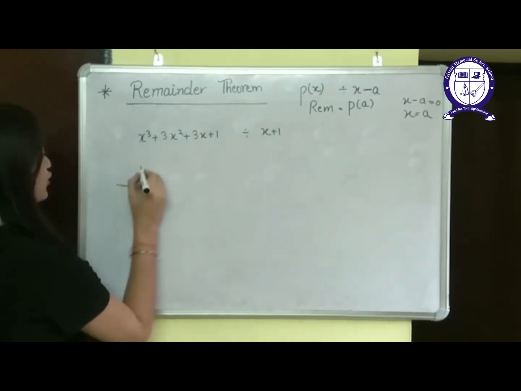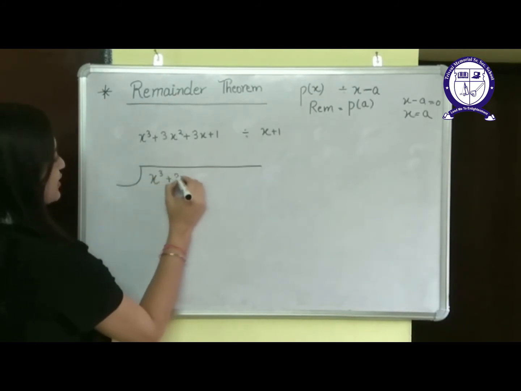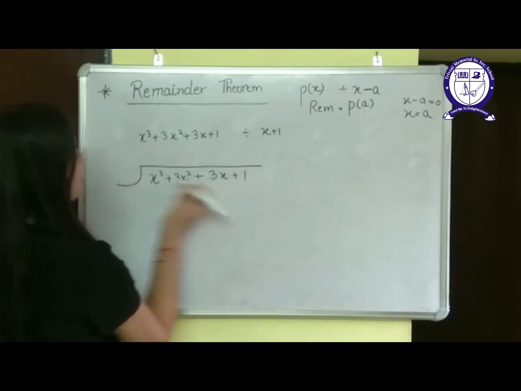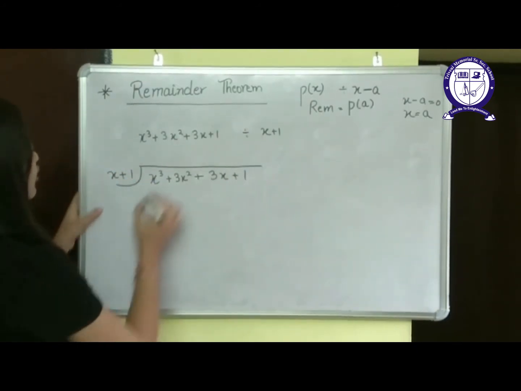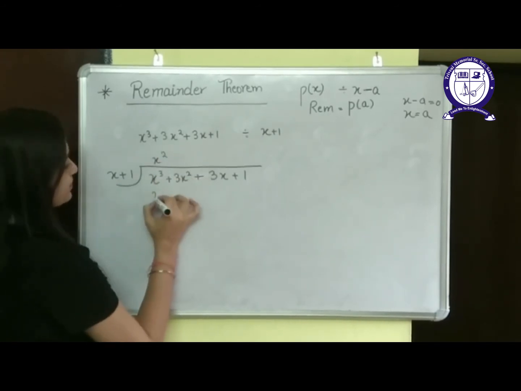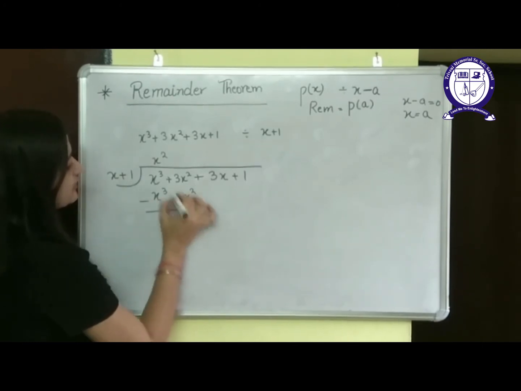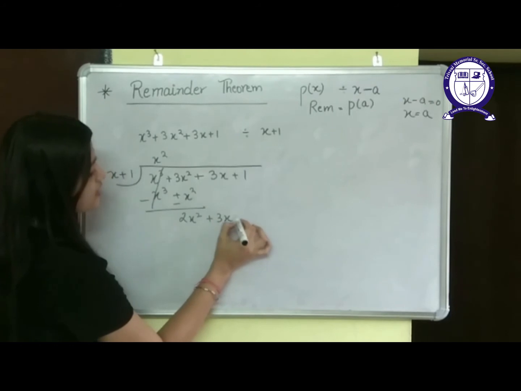So first of all, I am going to divide it. So x cube plus 3x square plus 3x plus 1 is divided by x plus 1. Okay. Now I will take x square, change signs, it will be 2x square plus 3x plus 1.